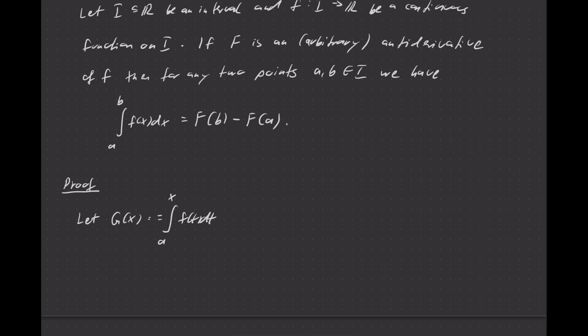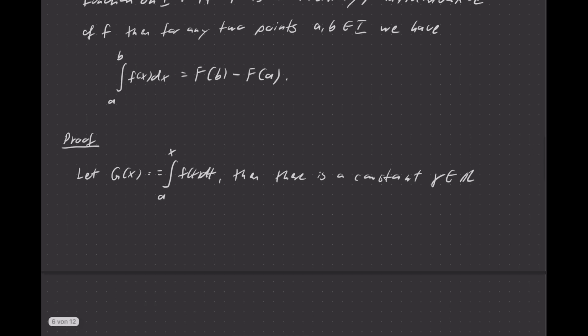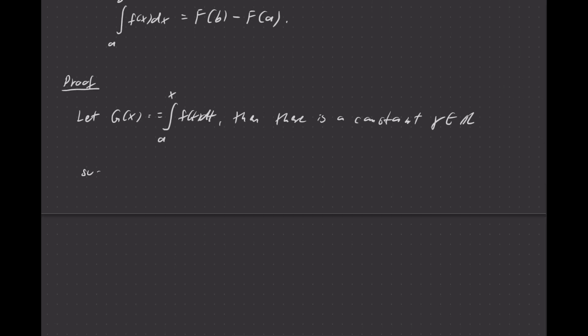So that's the definition from the first part of this fundamental theorem. And that is an antiderivative. So that means there is a constant gamma in R, such that F is of the form G plus gamma.